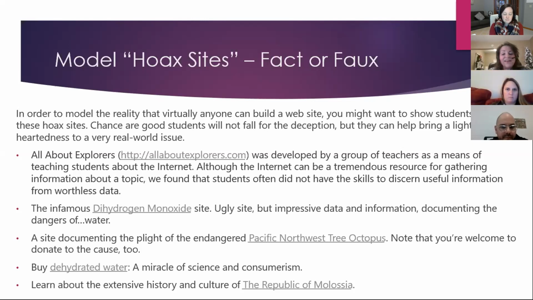And then these other links here are to other fake sites created to see if students can recognize when something is true or not. So my favorite is the Pacific Northwest Tree Octopus site. And on that site, let me show you where you can get a number of links.